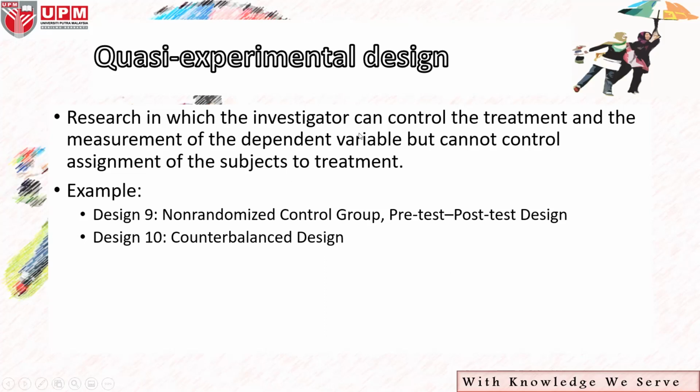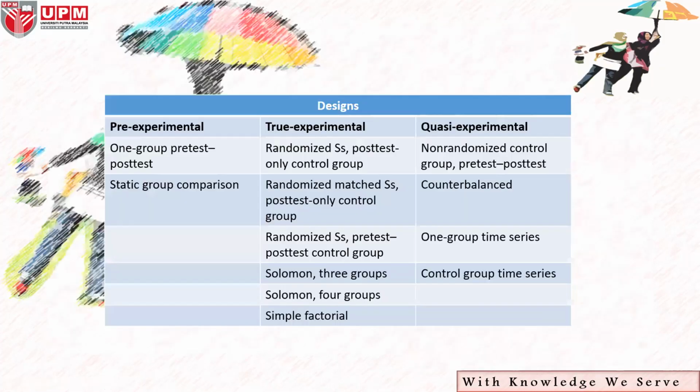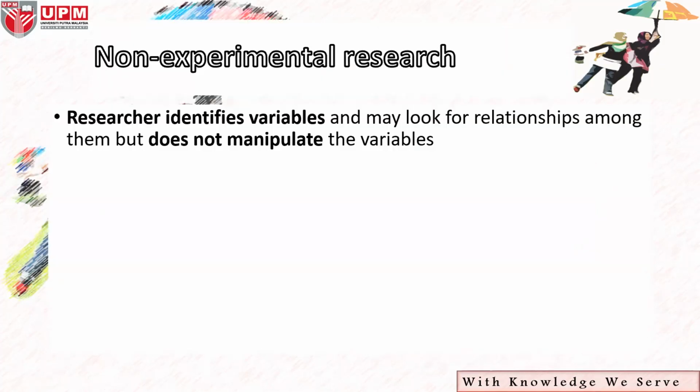The investigator cuma beza dia control the treatment but dia tak boleh nak control the assignment, sama. Example dia non-randomized control group pre-test post-test design and then counterbalance design. Ni time series saya tak sentuh lah, ni jarang ni. So ini comparison dia.